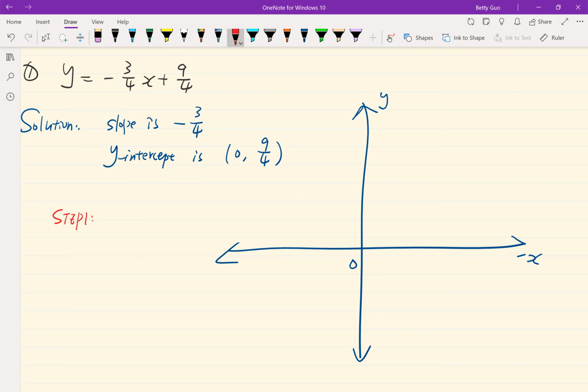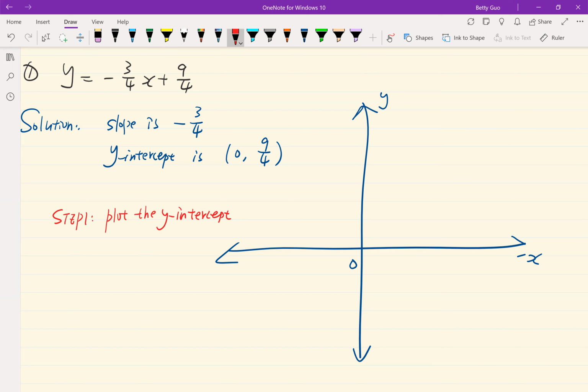Yeah, make sure you are taking notes. Step 1, plot the y-intercept. What's the y-intercept here? 0, comma 9 over 4, right?